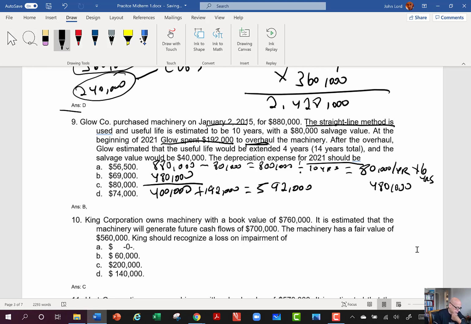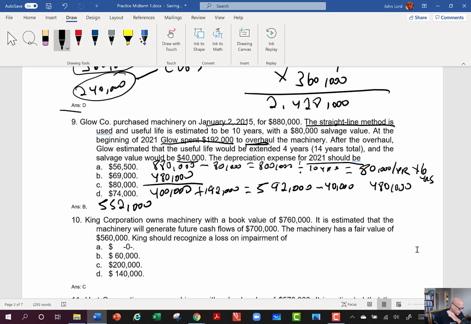Then they tell me the salvage value is 40,000, so let's just finish that. If I subtract 40,000 from 592,000, I am now left with 552,000. I'll write it over here.